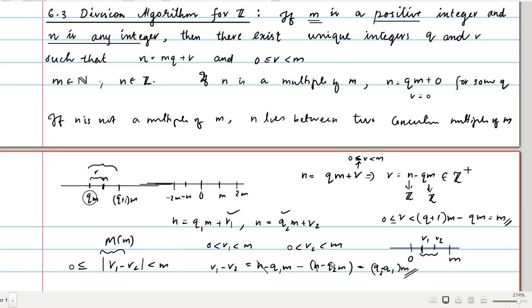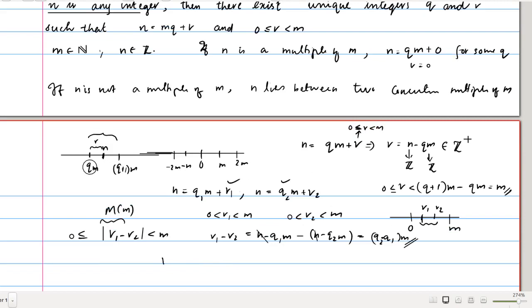So this difference, r1 minus r2, is always 0. That is the only multiple between 0 and m. So this implies r1 minus r2 equal to 0, consequently r1 equal to r2. So this proves the uniqueness of r, and this proves our division algorithm.